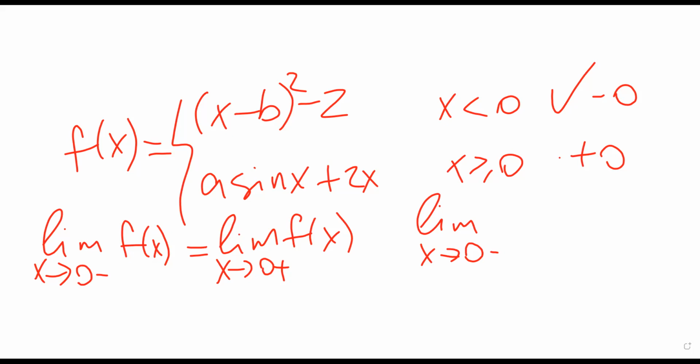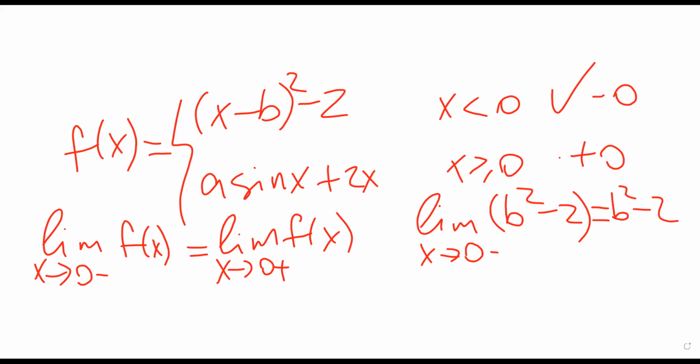So it will be b squared minus 2. Is it clear, Elnura? Yes. It's just b squared minus 2 because it doesn't depend on x now.